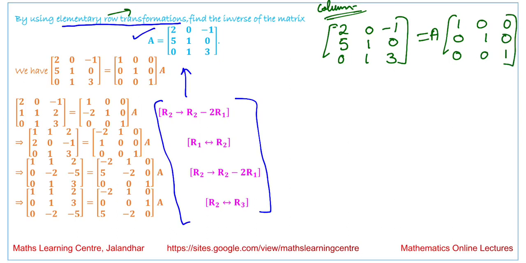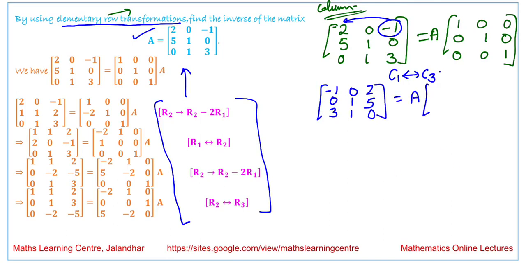To apply column operations, the first step we are going to do is, this element, minus 1 over here, we shift to this position. So we apply the transformation that column 1 and column 3 are interchanged. We obtain minus 1 0 3, 0 1 1, 2 5 0, that is equal to A into 0 0 1, 0 1 0, 1 0 0.